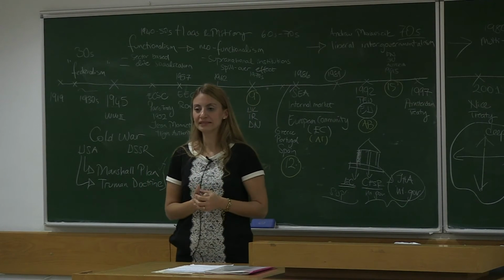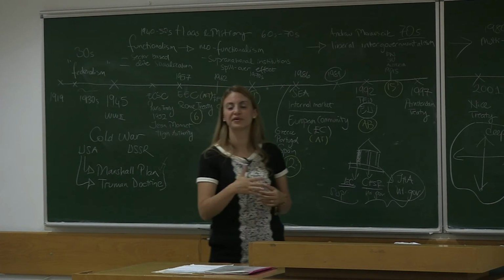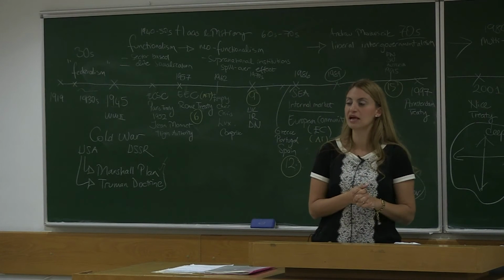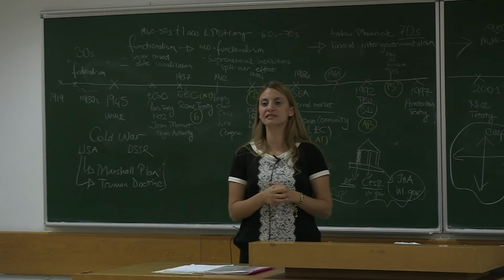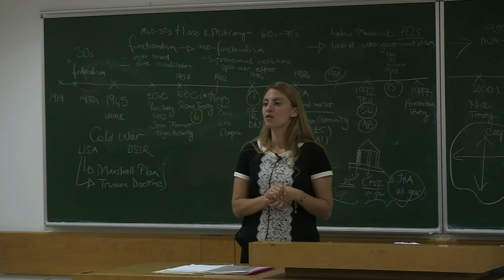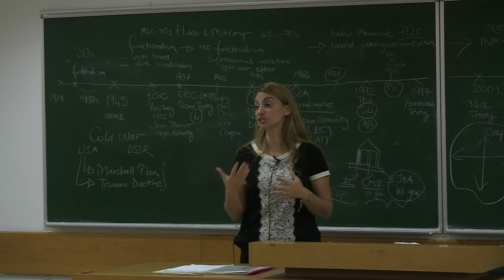But at the end, the convention adopted a text that was adopted later on by the European Council. And after the European Council accepted this text, it has to be accepted in every single member state by a referendum. What happened is, that's why it's ironical, in France it was rejected.